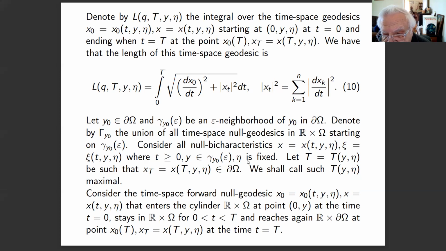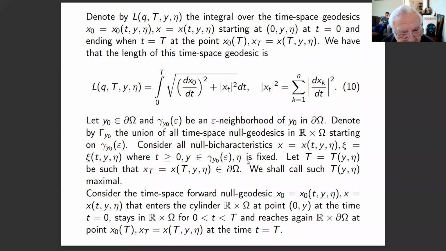Denote by capital T of y, eta such a point that the corresponding x of t, y, eta belongs to the boundary. We call this capital T maximal because when t is larger than capital T, the null bicharacteristic leaves the cylinder R cross omega.